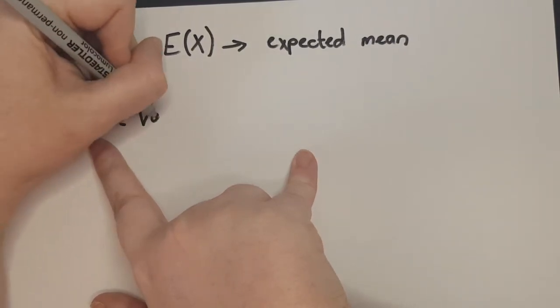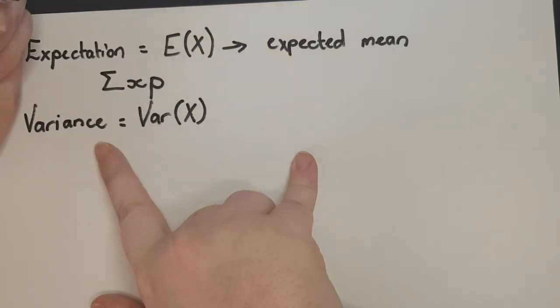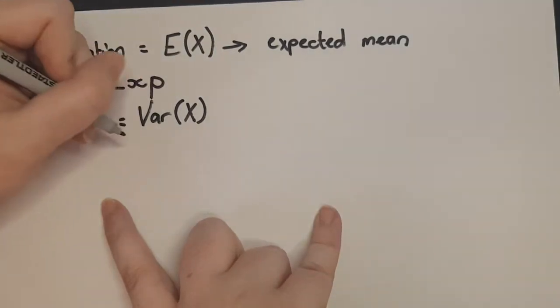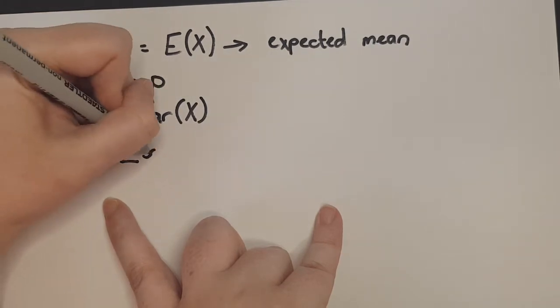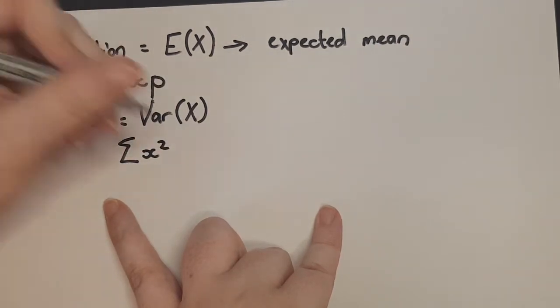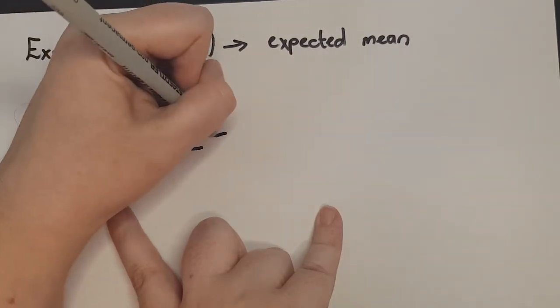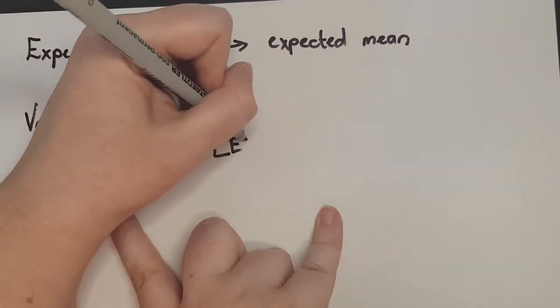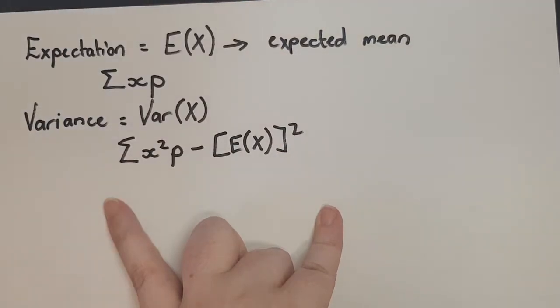Same symbols, so VAR of variable X. And its formula is the sum of each individual X value squared times its probability, minus my expected mean squared.